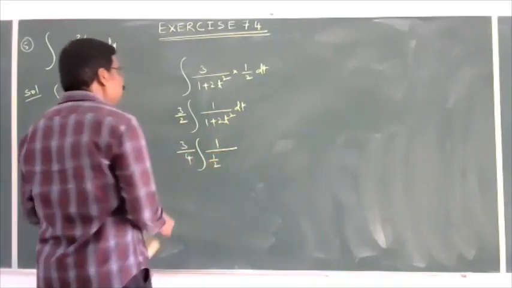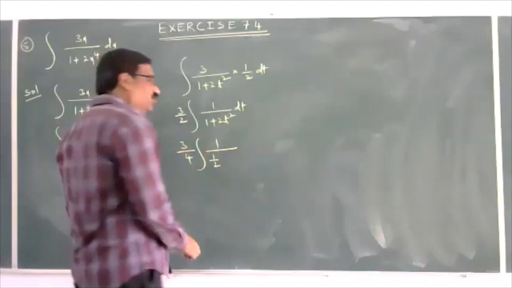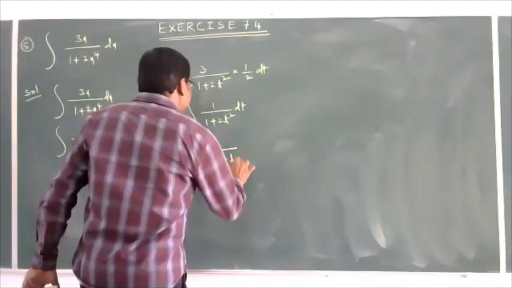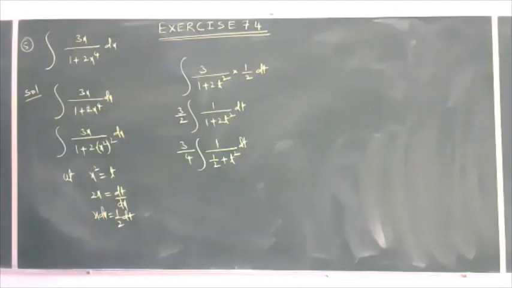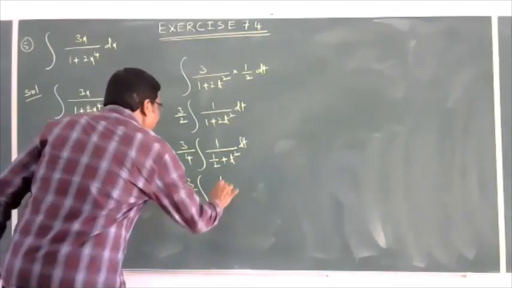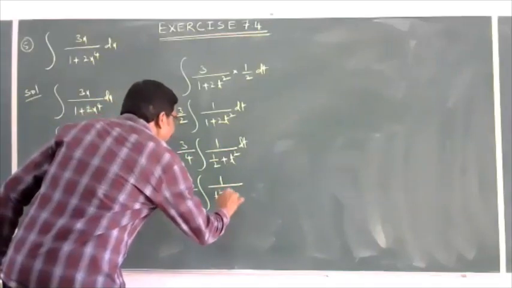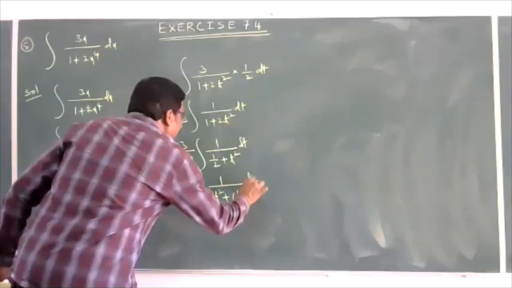That is 1 by 2 plus t square into dt. Then write this 3 by 4 into integral 1 by t square plus (1 by root 2) whole square into dt.